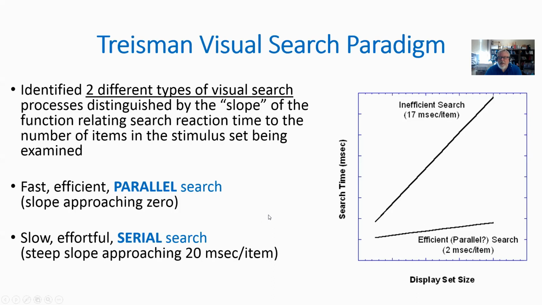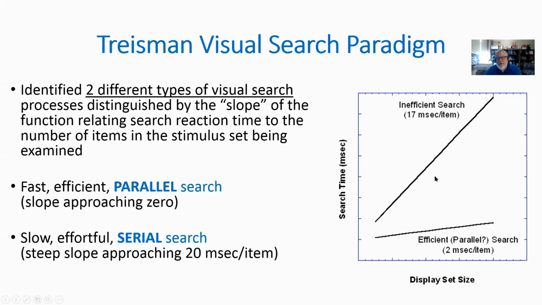So that's one type of search. There's a second type of search, though, that Anne Treisman referred to as serial search instead of parallel search. And in serial search, what we see is every time we add a distractor, we get slower and slower and slower in terms of the time it takes us to find the target.